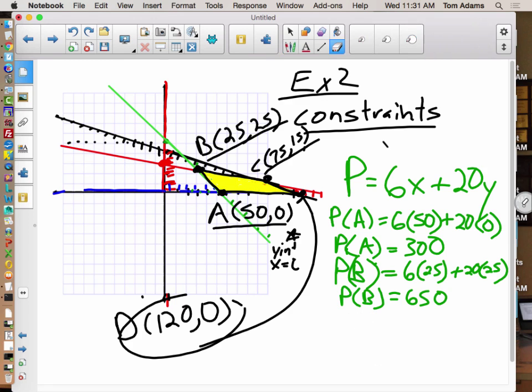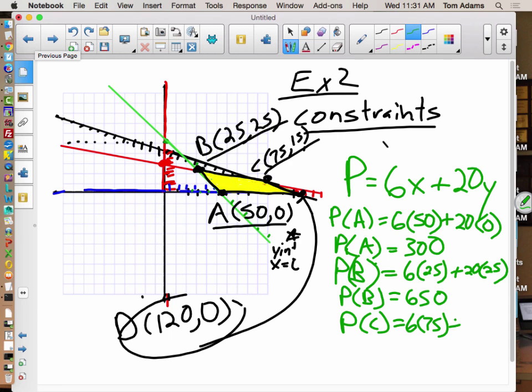All right, so now if I do P of C, I would plug in 6 times 75 plus 20 times 15. That would be 750.